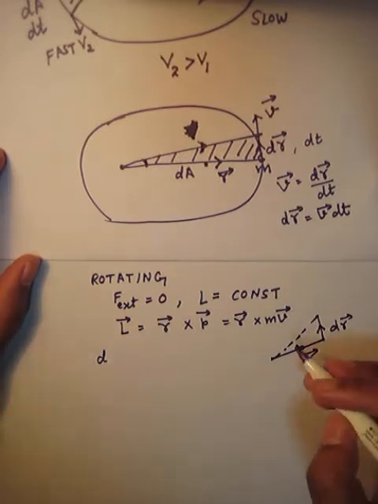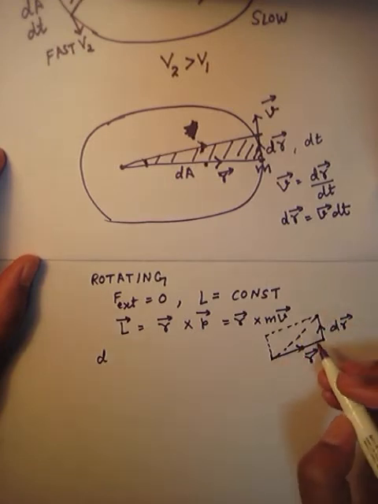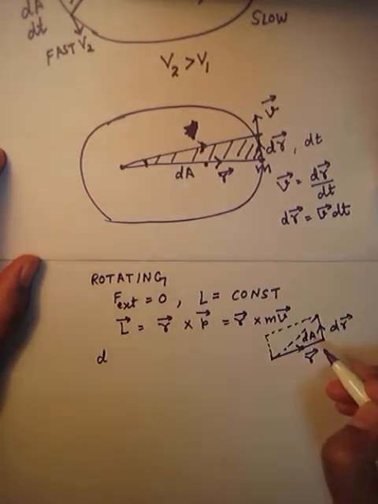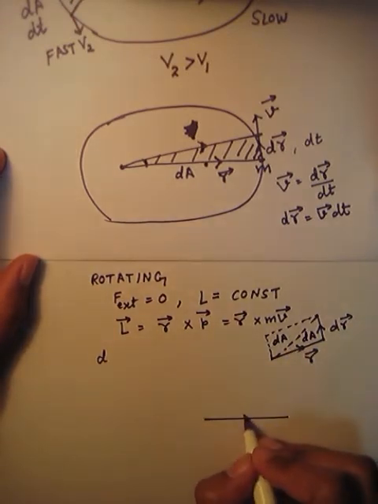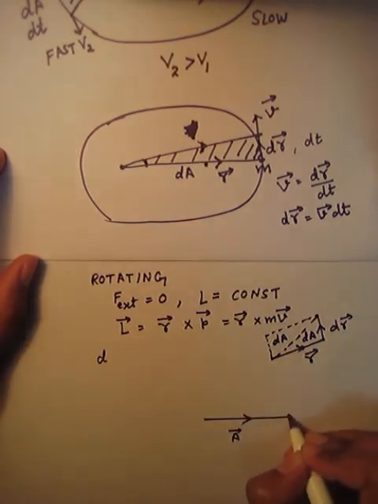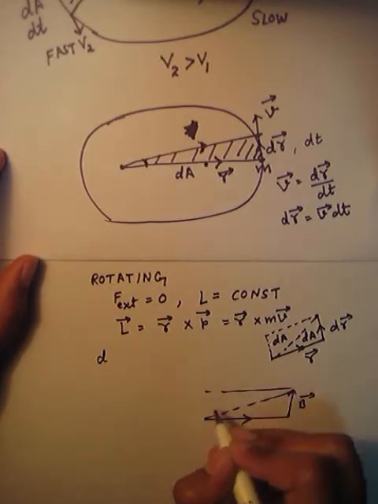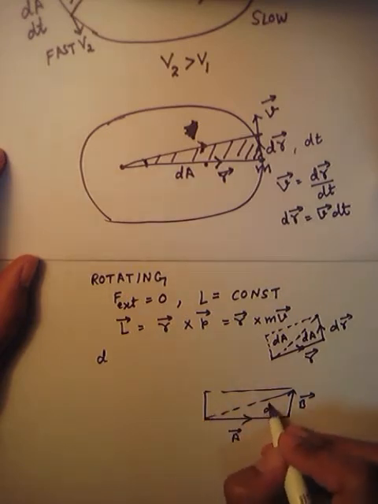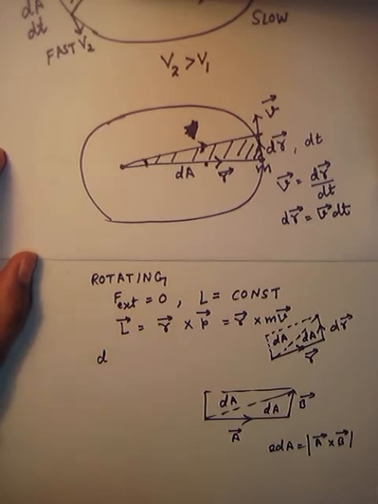If we complete this parallelogram, then if this is dA, this will also be dA. So if we have a vector and b vector and we have to find this area, then twice dA will be the magnitude of a vector cross b vector. This is from the vector product.